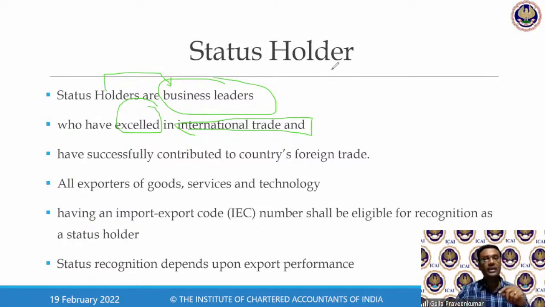So what do they say? A status holder is a recognition given to whom? Business leaders who have done well in their international trade. How? They have contributed to the country's foreign trade. Example: when COVID hit every nation, imports and exports were at a standstill.